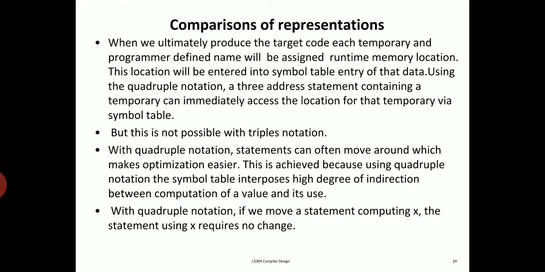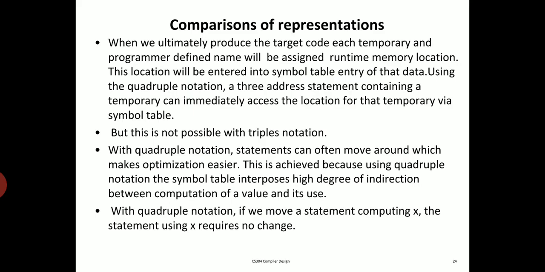Also, another thing is that in the case of quadruples, if the statements can be moved, we can make the optimization easier, because the next phase of intermediate code is optimization. While we do optimization, the statements might need to be changed. The order might need to be changed.